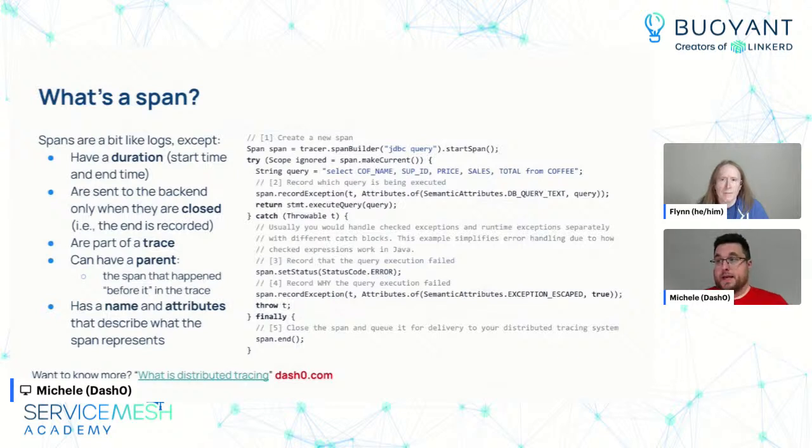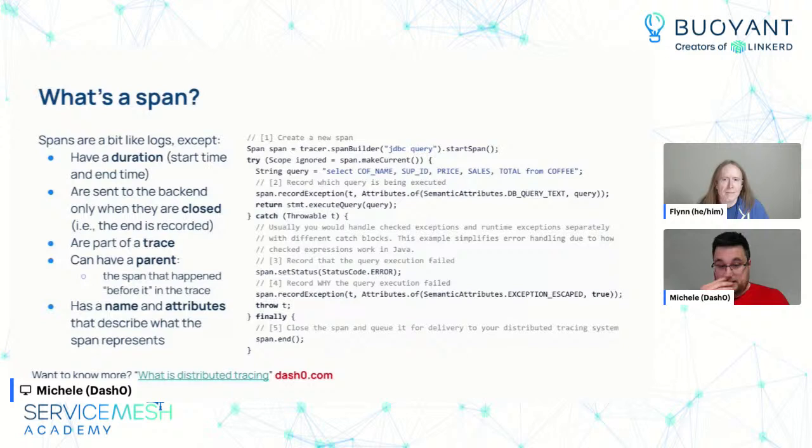You can think of spans as a bit of a log, except it's not about an instantaneous event. It's about something that took place over a duration of time. So spans have a start time and an end time. You subtract the start time from the end time, you have a duration. OpenTelemetry uses nanosecond precise timestamps, so you can be really fine granular on that.